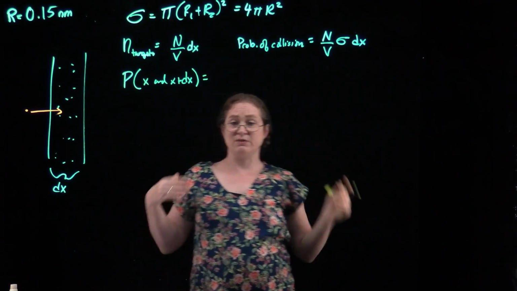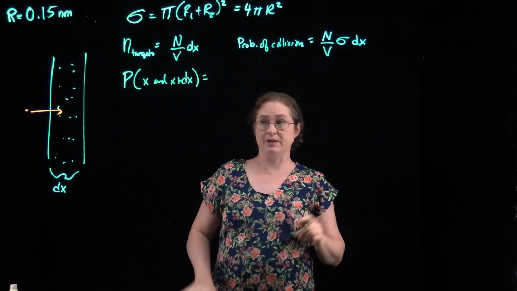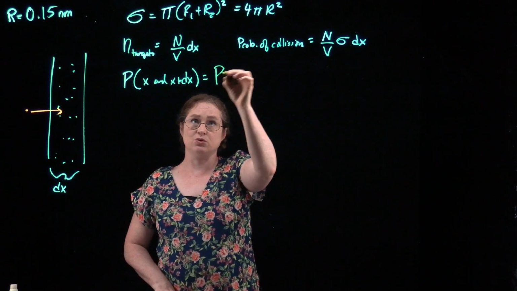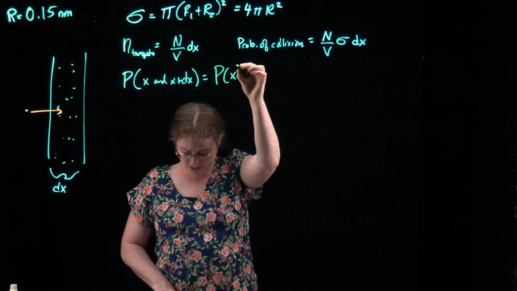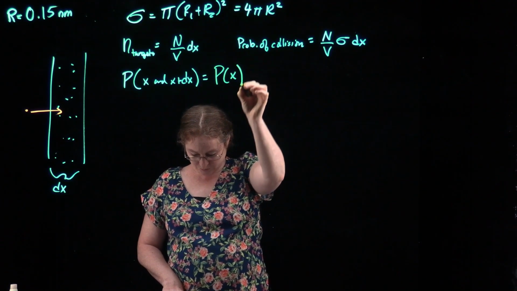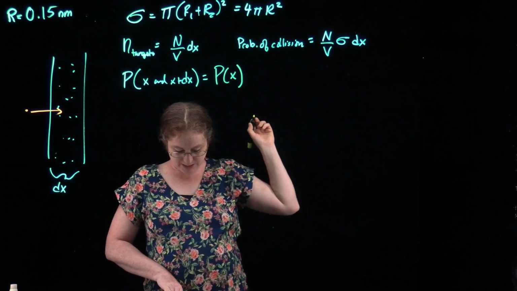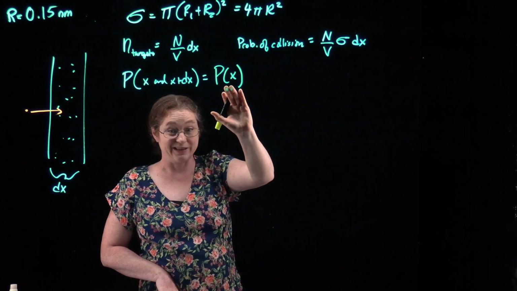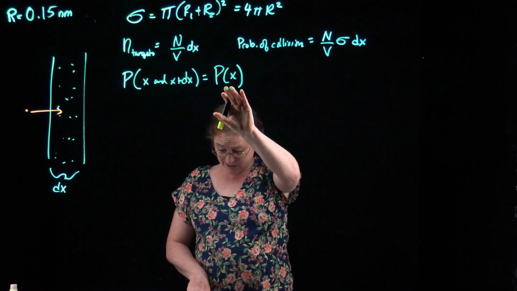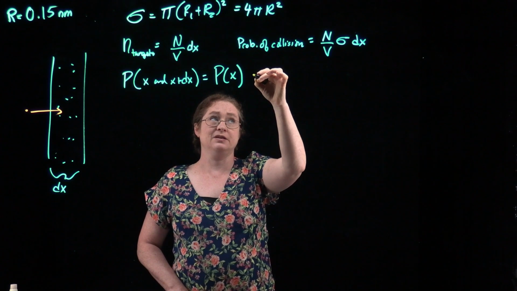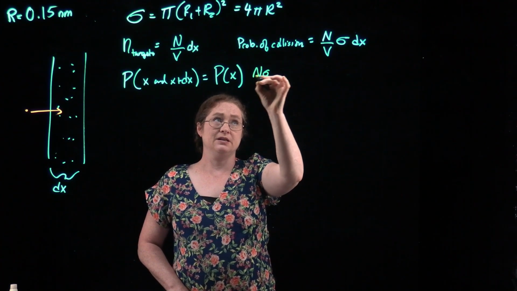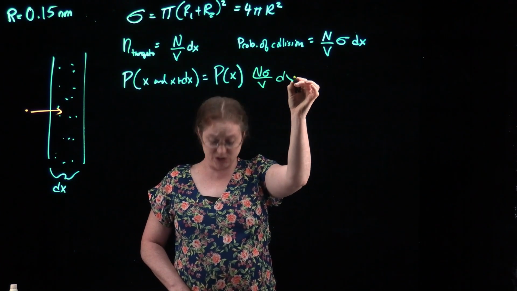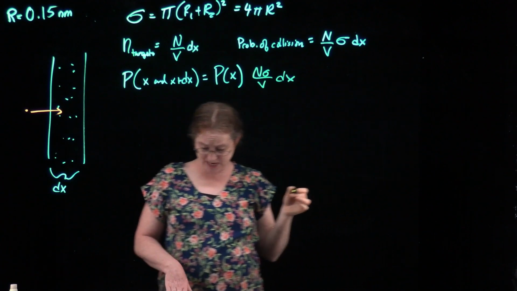If I have probabilities, my probabilities multiply. So I first have to look at the probability that I traveled a distance x without colliding. And then I have the probability that it collided in the next region, in the region dx.